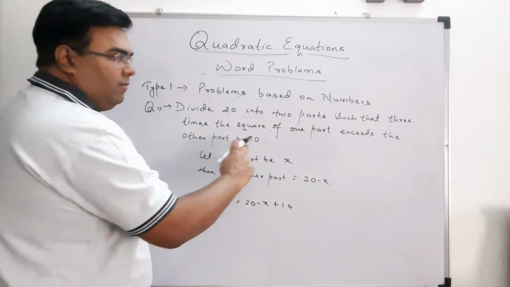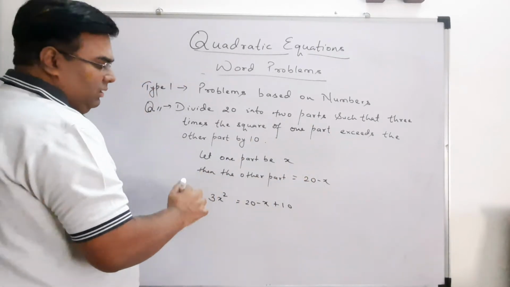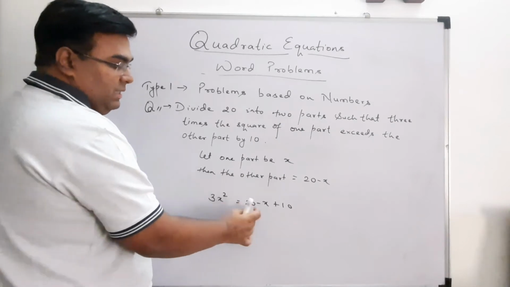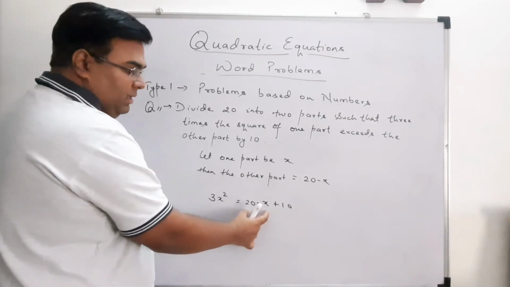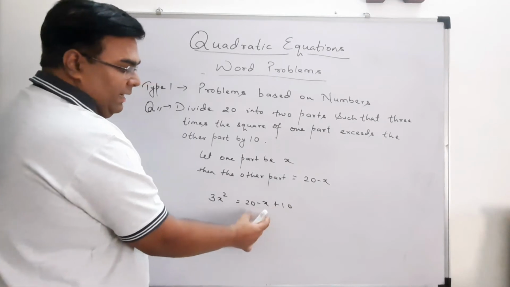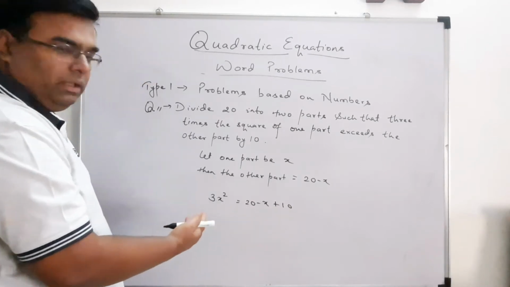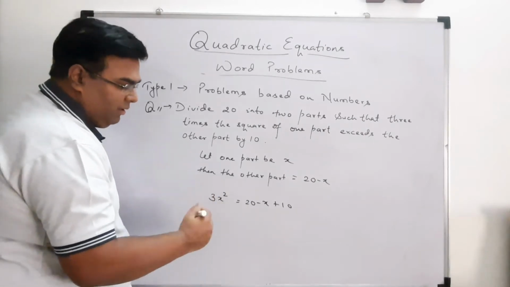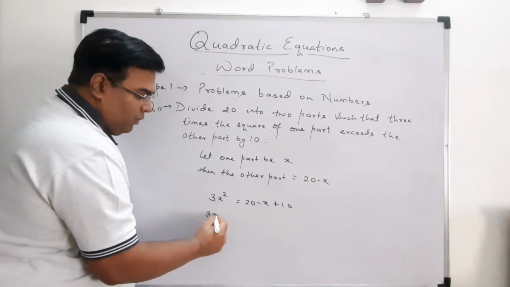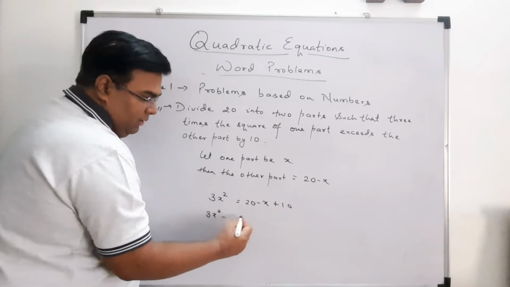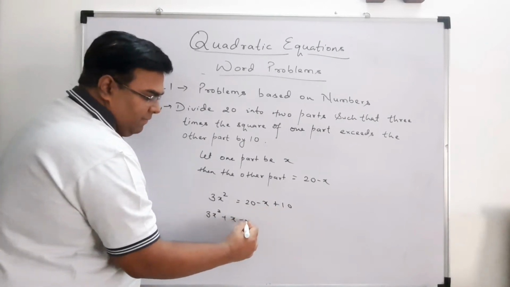This is the meaning of the statement: if you add 10 to the second part, you get the first term. Now the only thing left is to solve it. So 3x square equals 20 plus 30 minus x, and we take everything to one side.